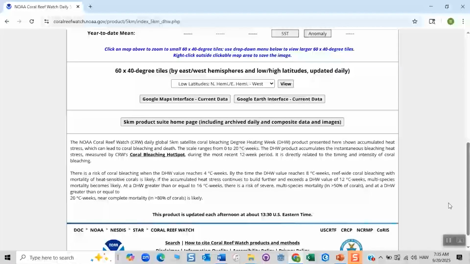At a degree heating week greater than or equal to 16 degrees Celsius weeks, there is a risk of severe multi-species mortality in over 50% of corals. And at greater than or equal to 20 degrees Celsius weeks, near complete mortality in greater than 80% of corals is likely. So the higher that degree heating week is, the greater the mortality is.